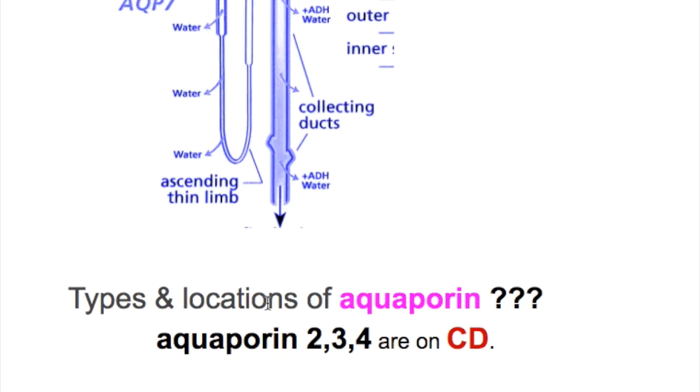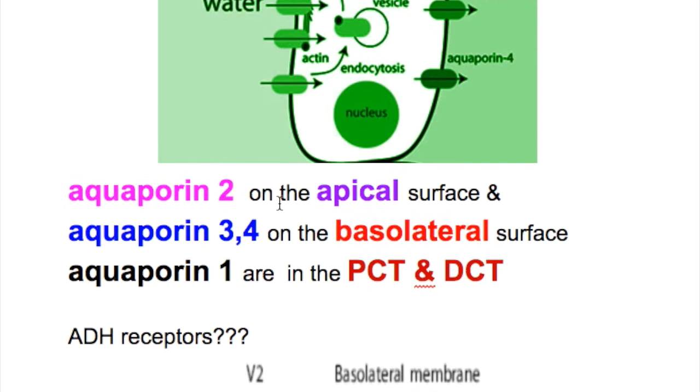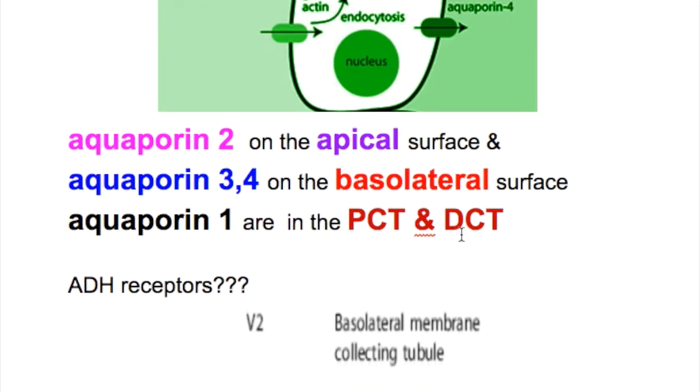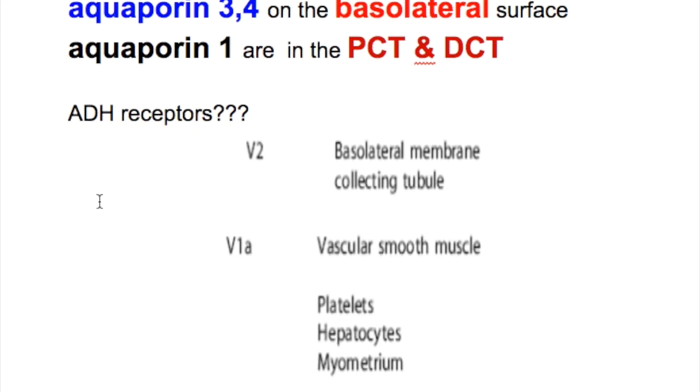So what are the types and locations of the aquaporin channels? Aquaporin 2, 3 and 4 are on the collecting duct. Aquaporin 2 is on the apical surface, and aquaporin 3 and 4 are on the basolateral surface, whereas aquaporin 1 is on the proximal and distal tubules.